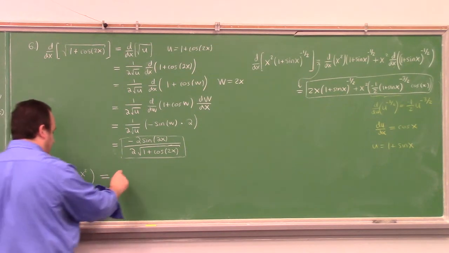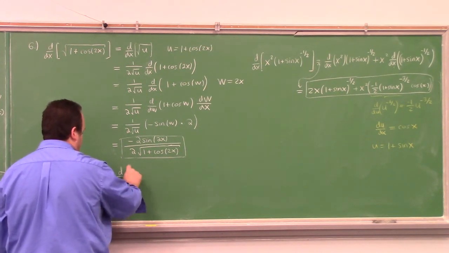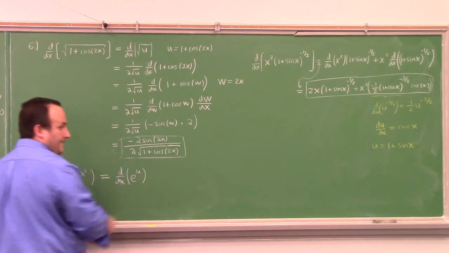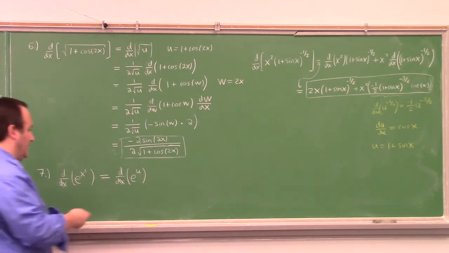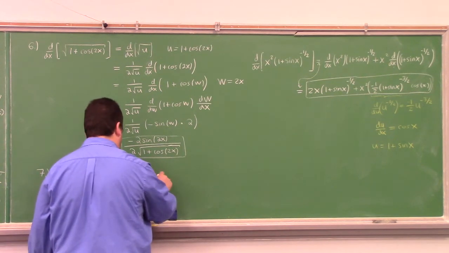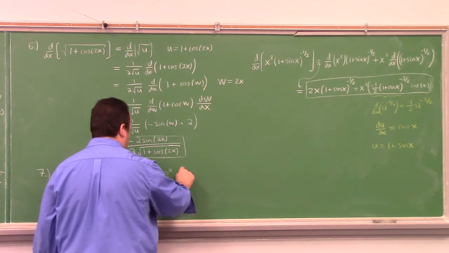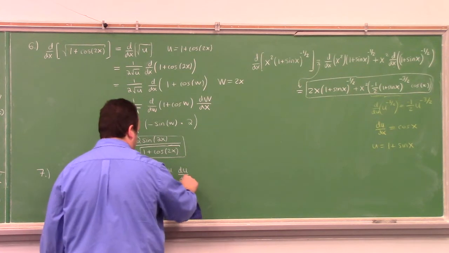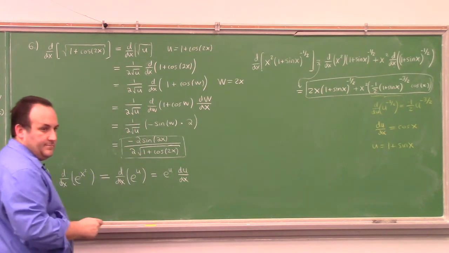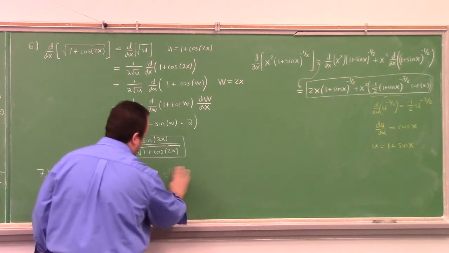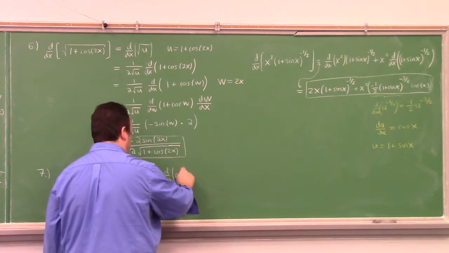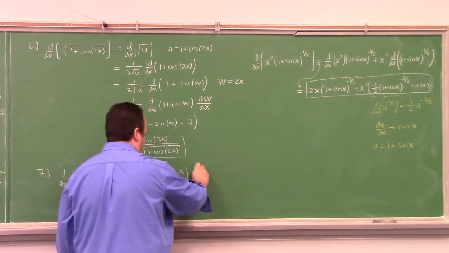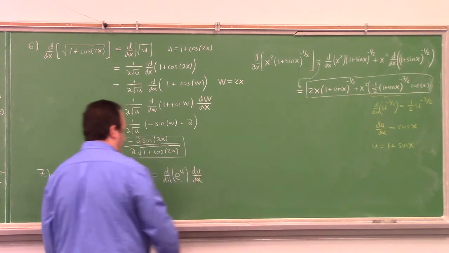So this is d dx of e to the u, all right? Which is what? e to the u times du dx, right? I can write another step here. Fine. d du, chain rule.